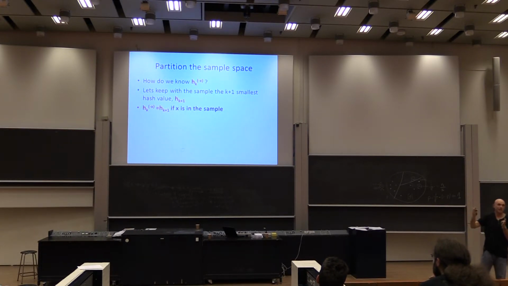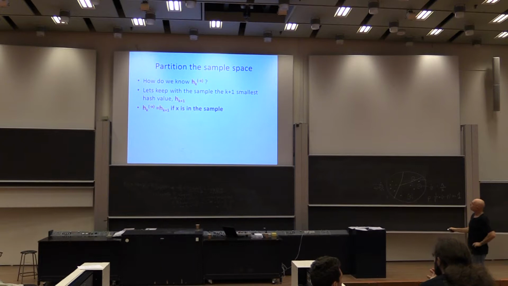I don't need the item, I need the hash value of the item to figure out this probability. Okay, so we keep the bottom k, and let's conclude this because it's very important. So I keep the bottom k and the hash of the k plus 1 smallest hash value.